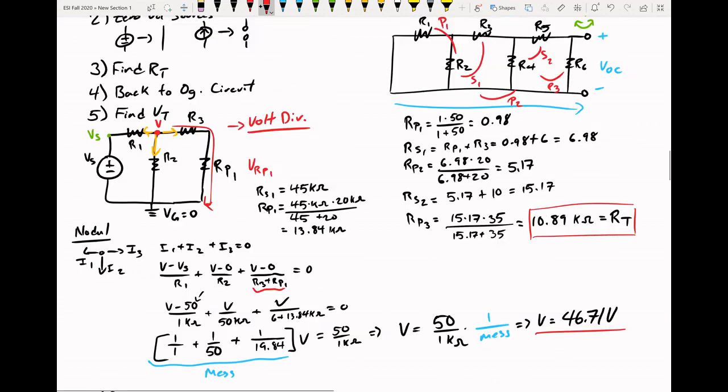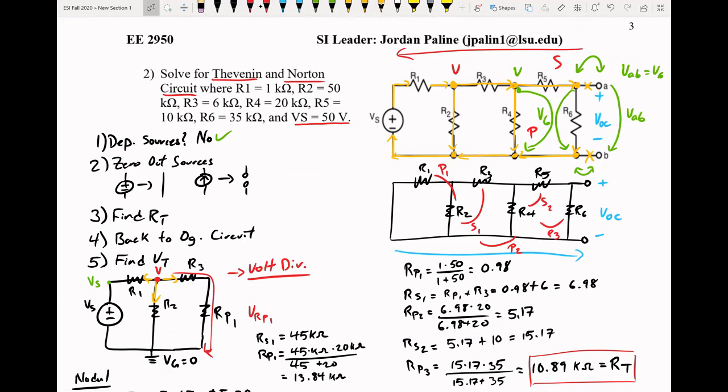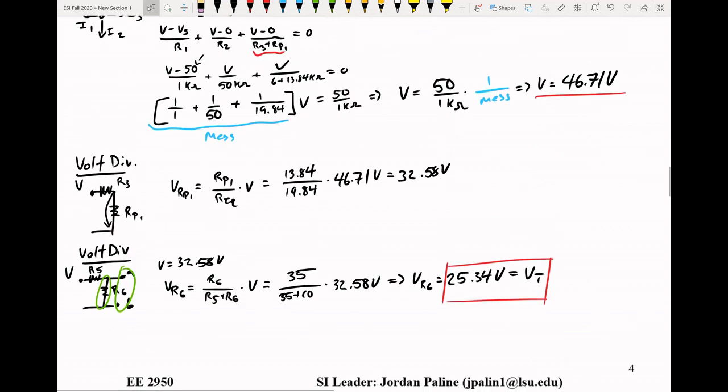All right, and we're almost done. Last thing we got to do is solve for I Norton. But luckily, I Norton is just going to be equal to VThev over RThev, which in our case will just be 25.34 volts over 10.59 kilo ohms.